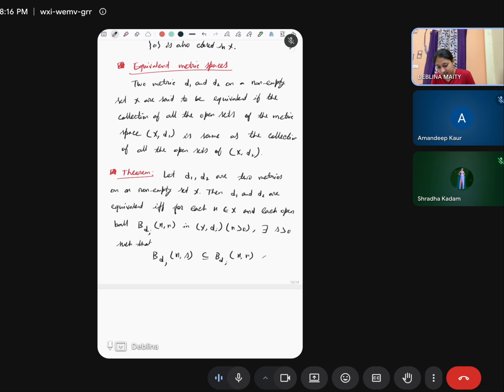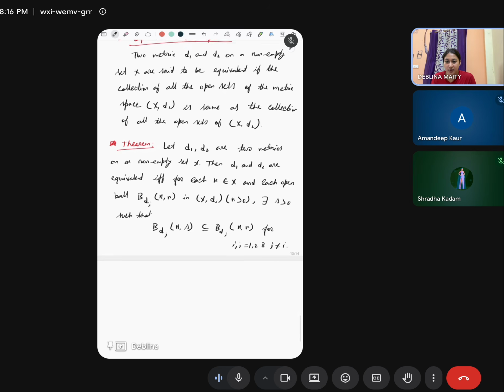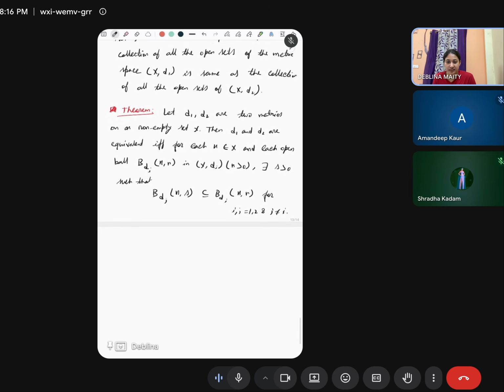I'll explain this for i, j equal to 1, 2 and i not equal to j, right? So this is a necessary and sufficient condition for equivalent metric spaces.